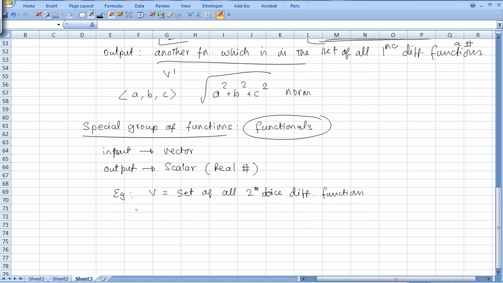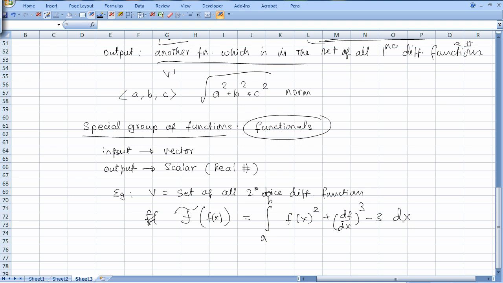Okay, my functional, so it will be called F of f, equals the integral from a to b, where a and b are constants, of f of x squared plus (df/dx) cubed minus 3 dx.